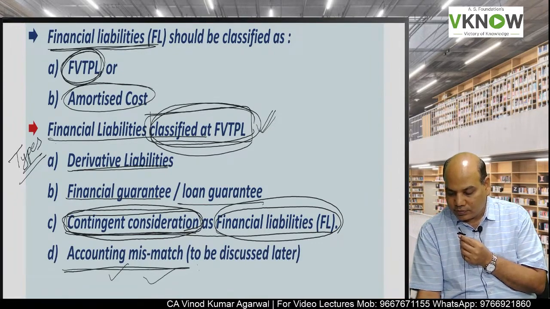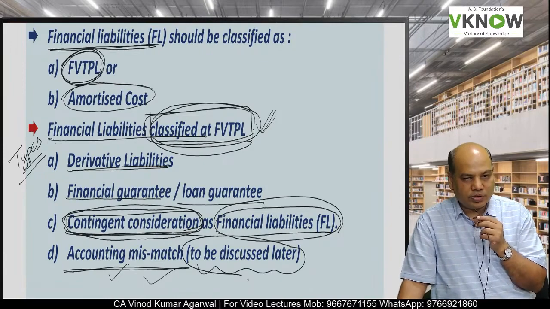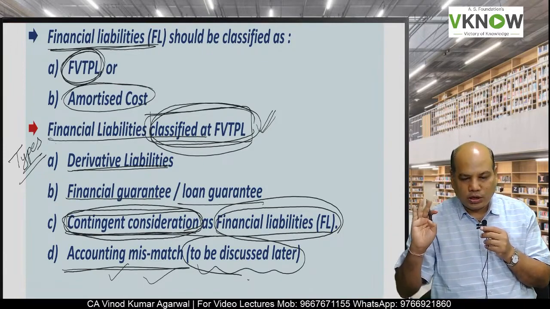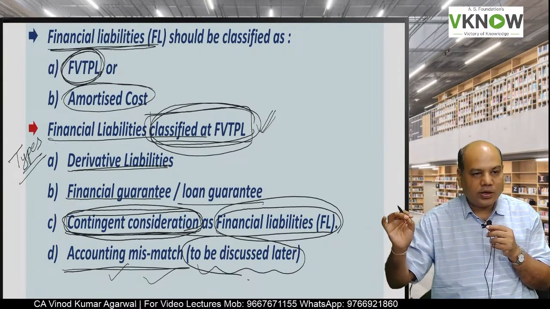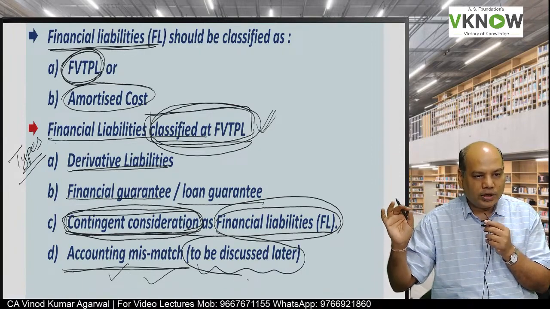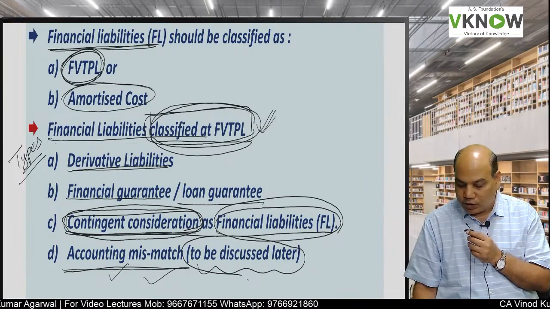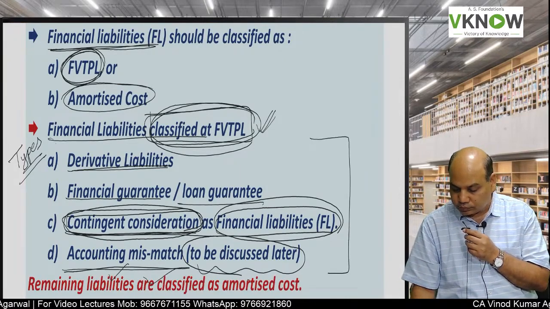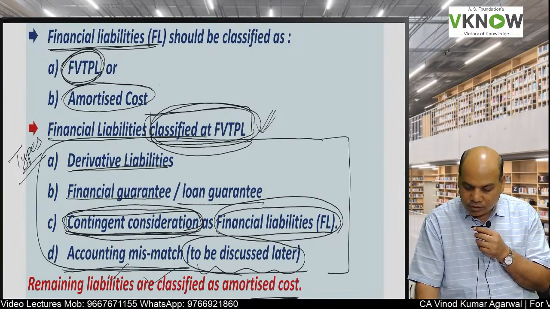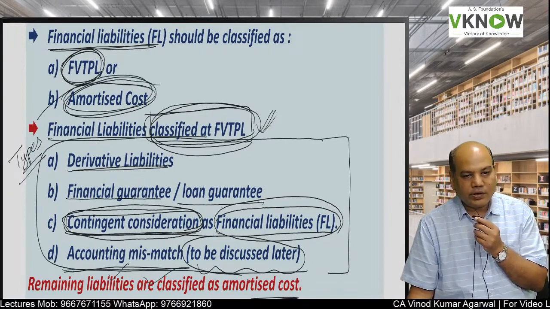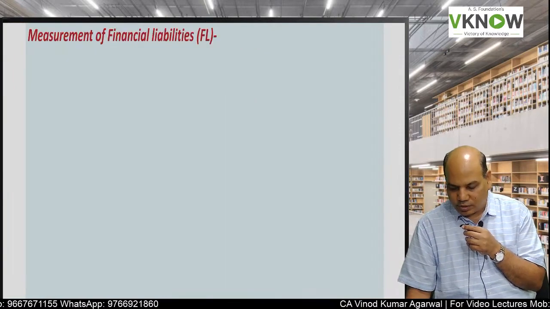This I will discuss at the end of this chapter, so keep watching this video till the end. So I will revise again. Only in these following cases a financial liability is FVTPL: derivative contract, financial guarantee or loan guarantee contract, contingent consideration, and accounting mismatch. If it doesn't fit into these four, then other financial liabilities will be treated as amortized cost.